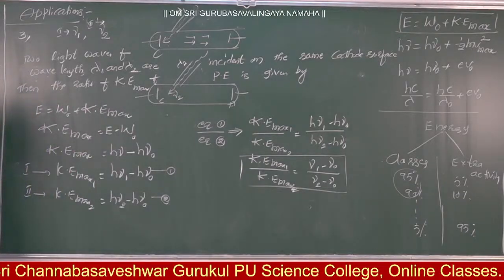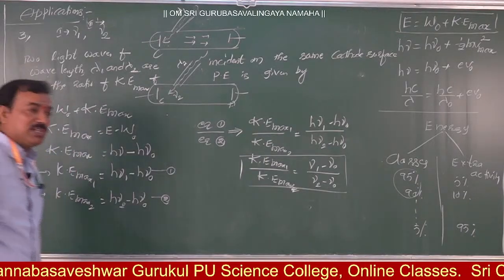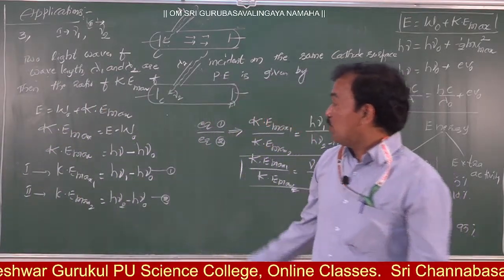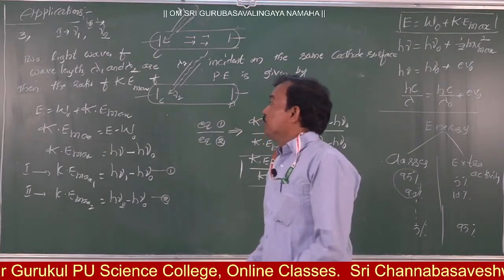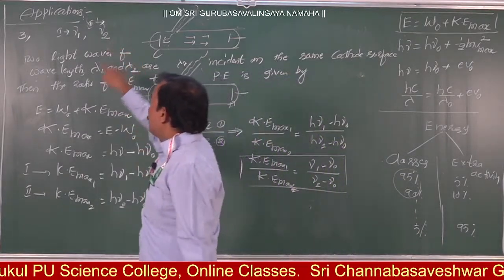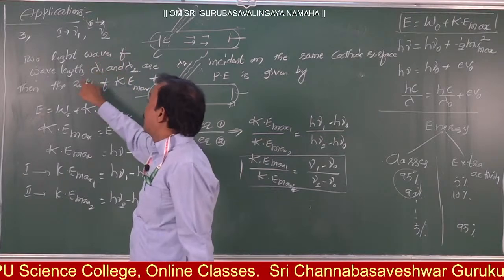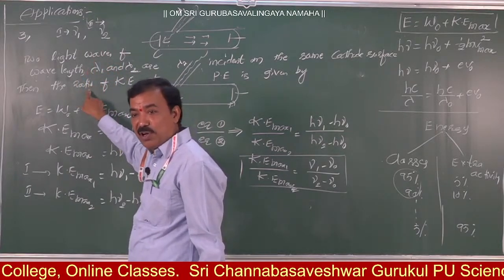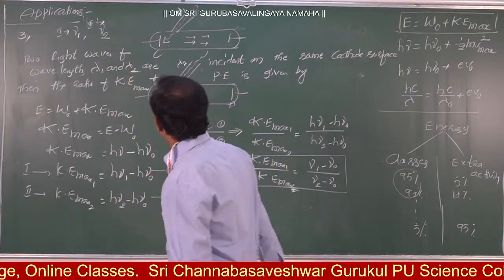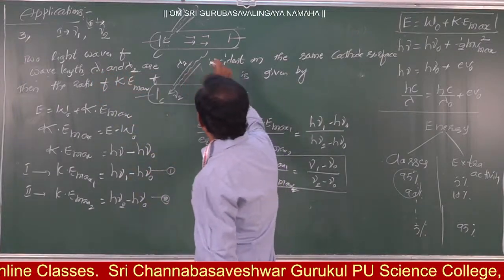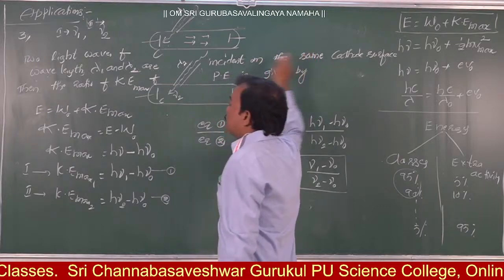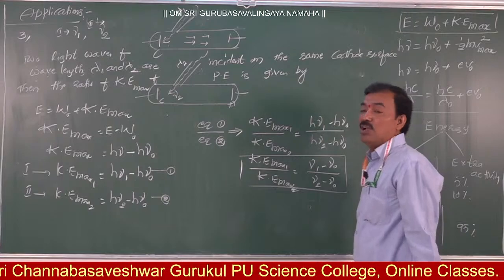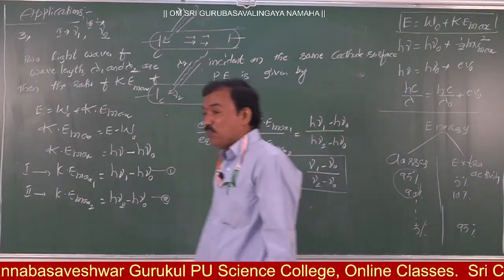I told you KE max in terms of wavelength also. So what is the application here? Two light waves of wavelength lambda 1 and lambda 2 are incident on the same cathode surface. Then the ratio of KE max of the photoelectrons is given by.